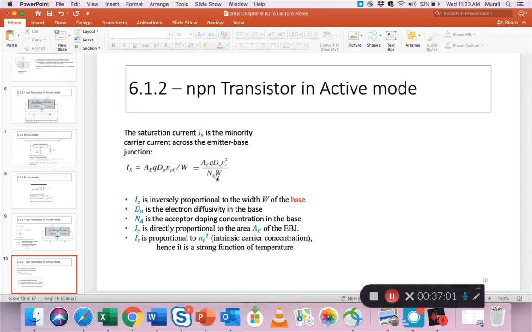As you read through this list, you'll understand that we are talking about the parameters within the base, and they define how IS comes out. IS is still a very low value, 10 to the power minus 16 or so, but to derive it, you look at all these values for the base and use them in the formulas.